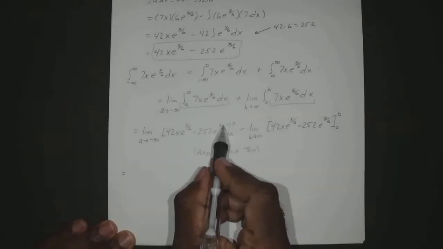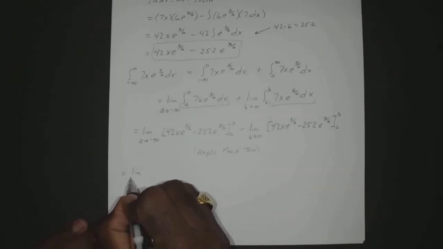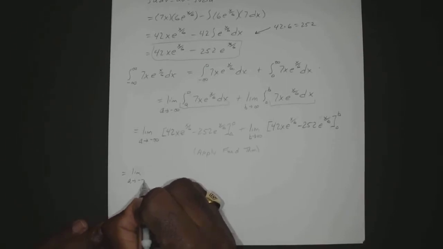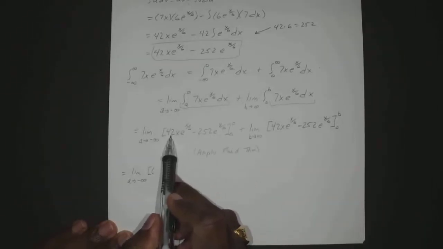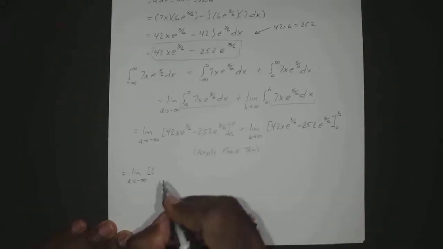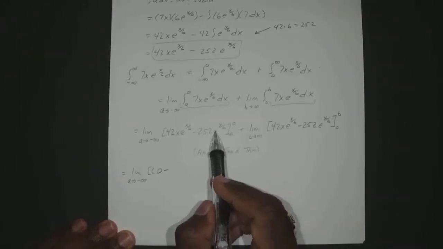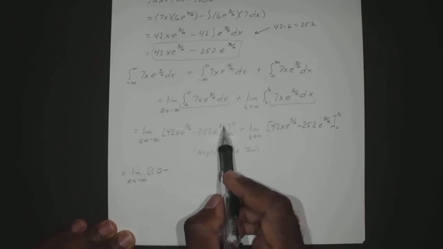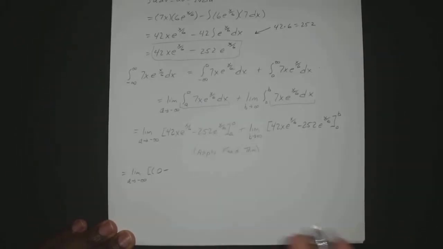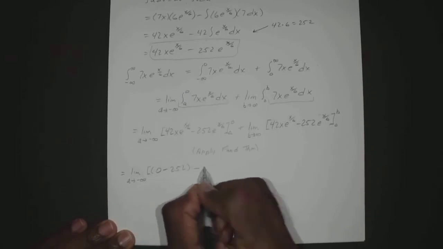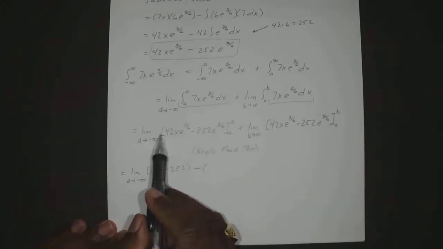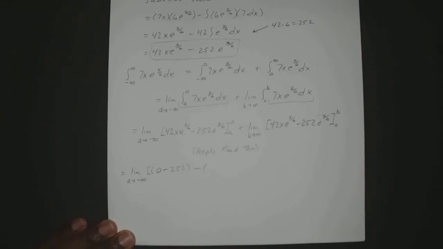Okay, so that's going to equal the limit as a approaches negative infinity. If we plug in 0, this just becomes 0. So 0 minus negative 252 times e to the power of 0 is just negative 252. Minus, if you plug in a, just replace every x with a.